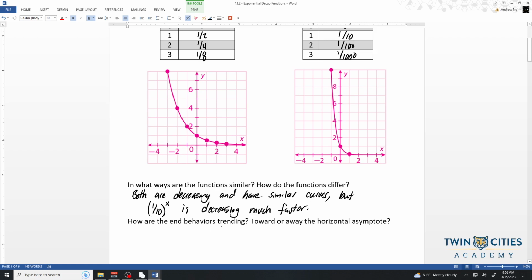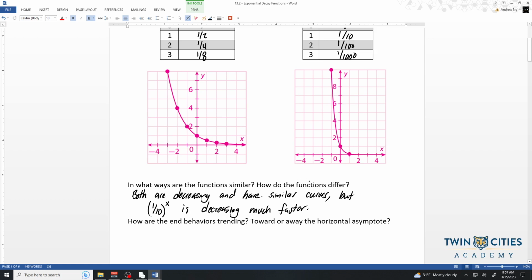How are the end behaviors trending? Meaning, as this goes to infinity, what is happening? So as x goes to infinity, y goes to 0. So y is approaching 0. And here, same thing, as x approaches infinity, now it looks like it hits the x-axis, but it's actually just going to barely scrape by and not actually hit the x-axis here.